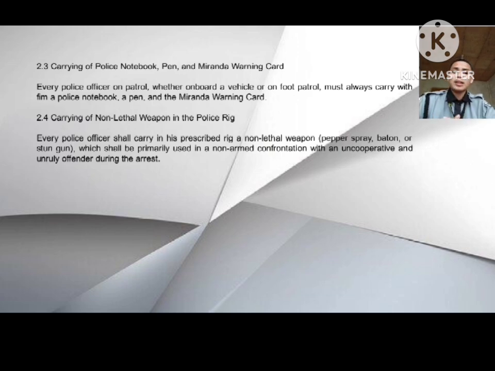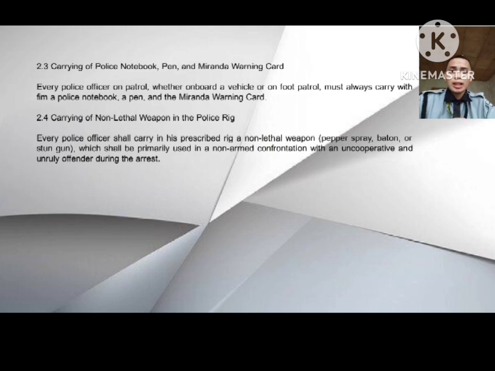These tools are meant to control the situation, not to cause chaos or harm. They are only used when the offender is uncooperative or unruly. The purpose of this is to prioritize your safety and minimize the use of deadly force.